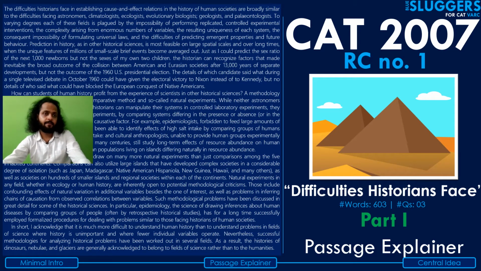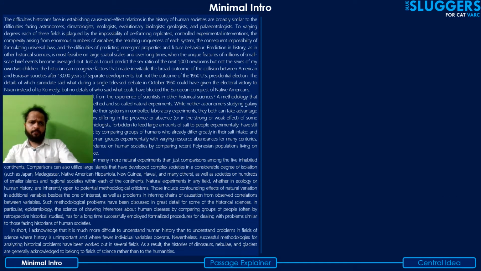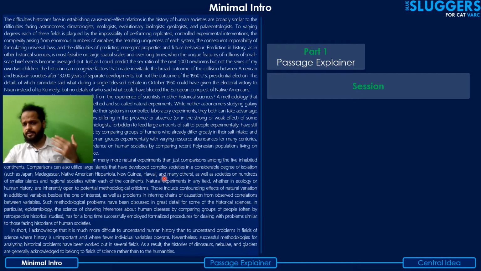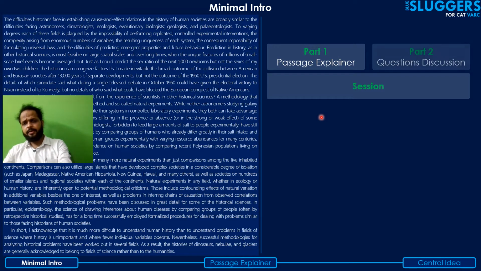Okay, so let's start. For those of you who might be watching these sessions for the first time, I'll just take you very briefly through the structure of the sessions. Every single session caters to one RC, and a session is made up of 2 parts. The first part is where I explain to you the passage in detail, paragraph by paragraph, and the second part is where we discuss the questions.